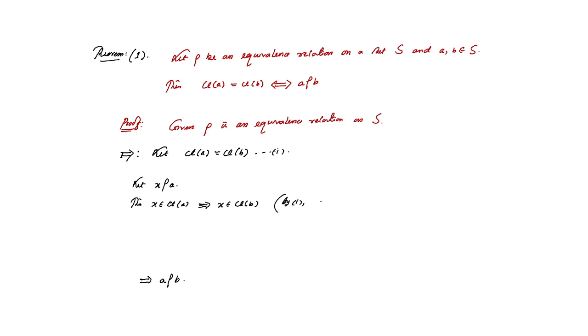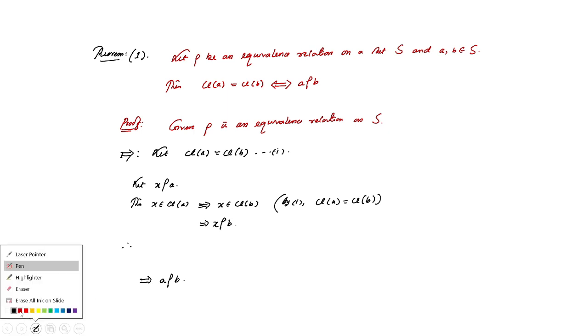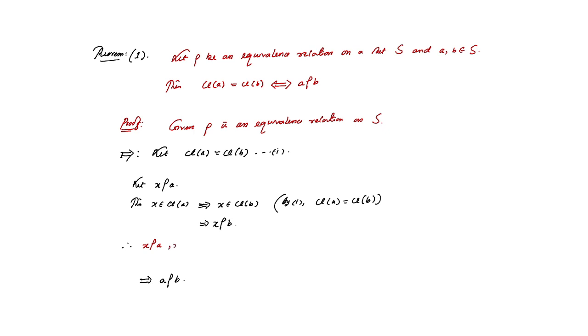By 1, we have class A equals class of B. So if X belongs to class B, that means X is related to B also. So here we have X is related to A, that implies X is related to B.